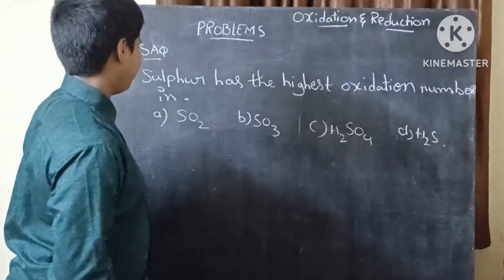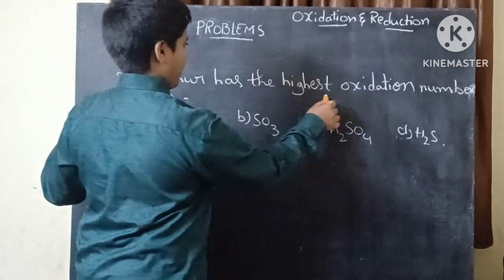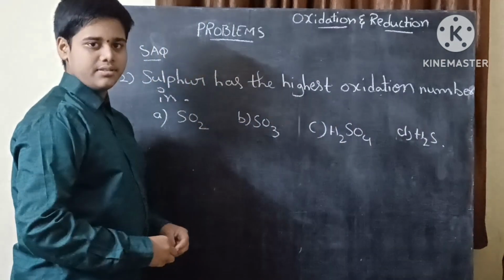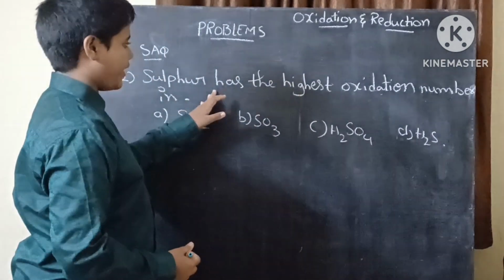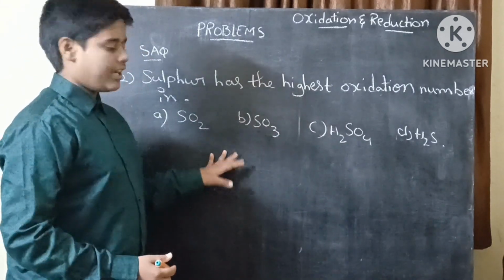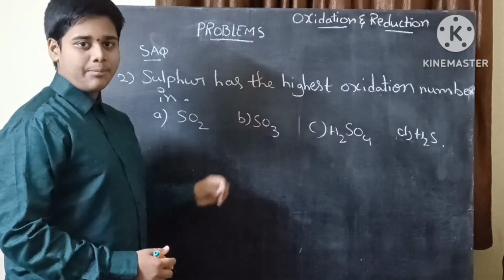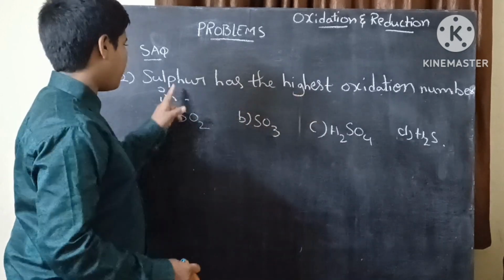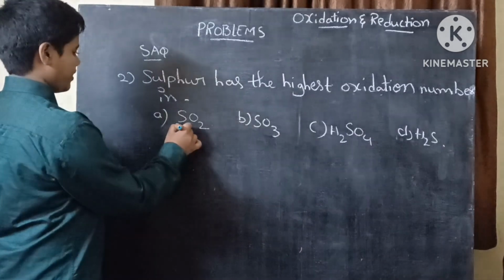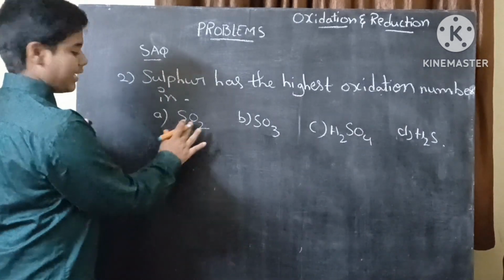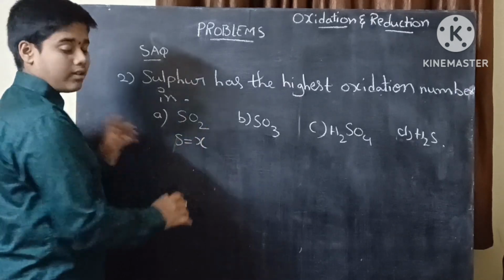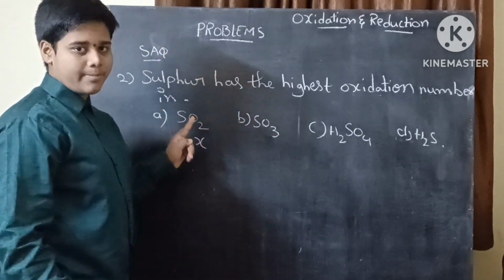And the second question: sulfur has the highest oxidation number in which of the following compounds. Here they are asking us to find, among these 4 options, the compound with the highest oxidation number of sulfur. Option wise, option A: I am taking sulfur as X, and the oxidation number of one oxygen is minus 2.